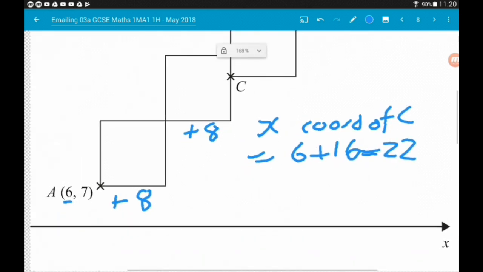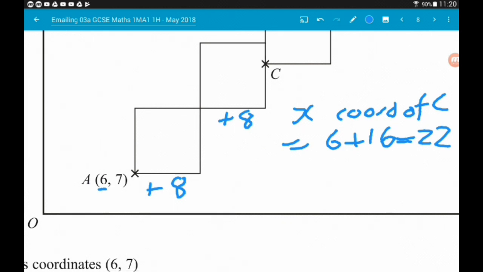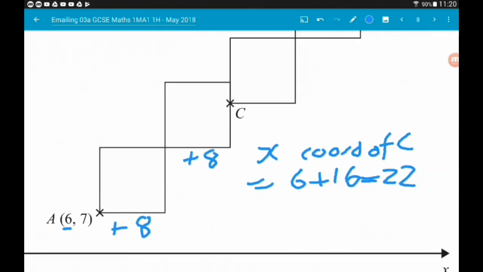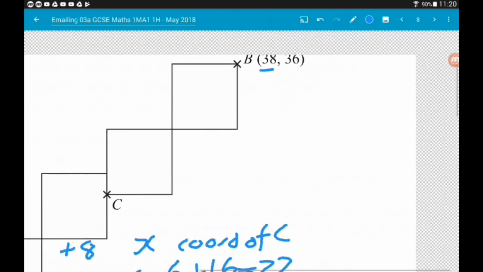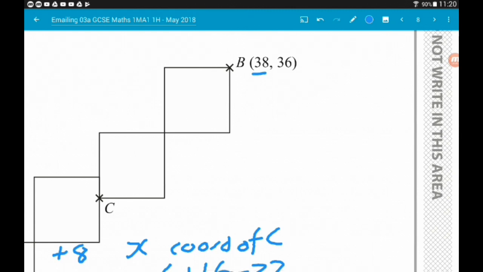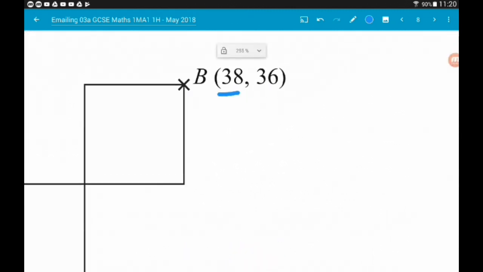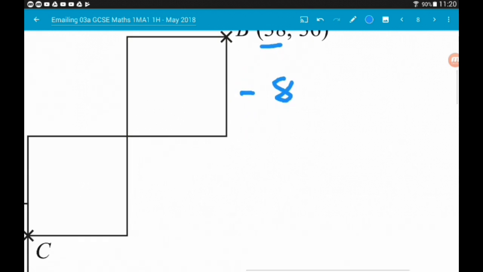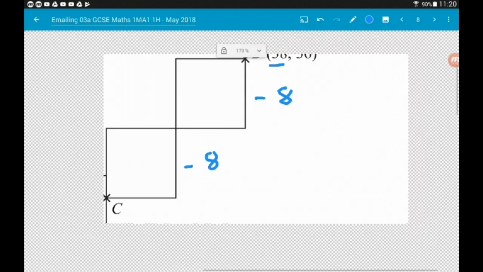Now we can't go up from A because point C isn't on the corner of that second square. So what we're going to do is go down from point B. So we're going from 36 and we're minusing 8 there, and we're minusing 8 there.